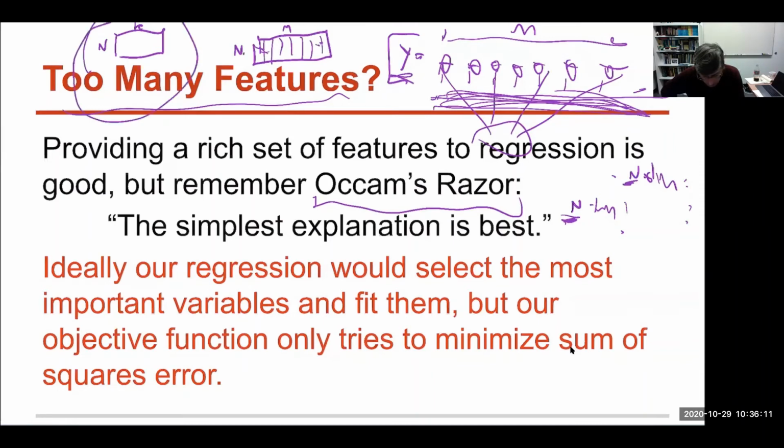Now fitting the regression is going to be a regression problem in k dimensions, okay, so you can get away with fewer training points here. But if we don't want to reduce the feature set for our model, we would still like to have a version of regression that would try to identify what the most important variables are and fit only those. Okay, any questions about that?